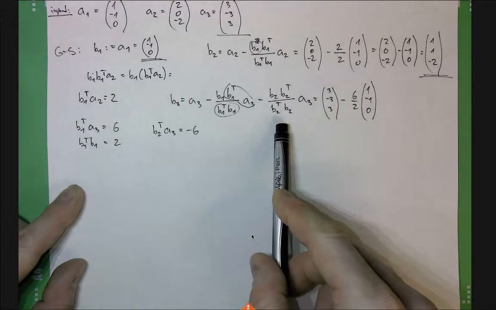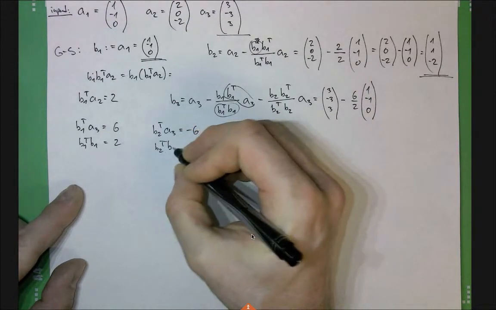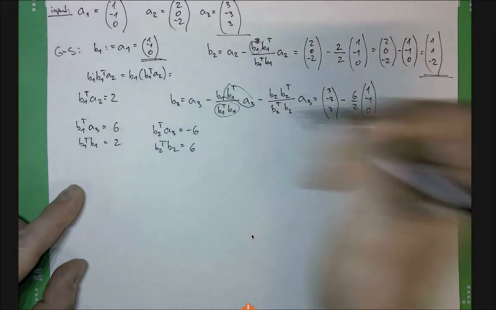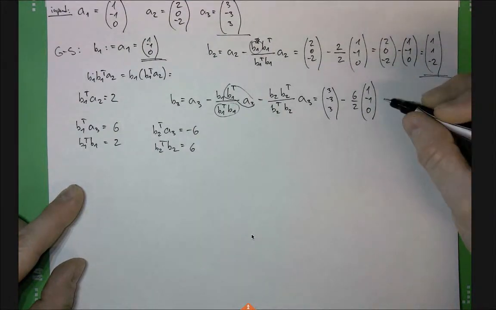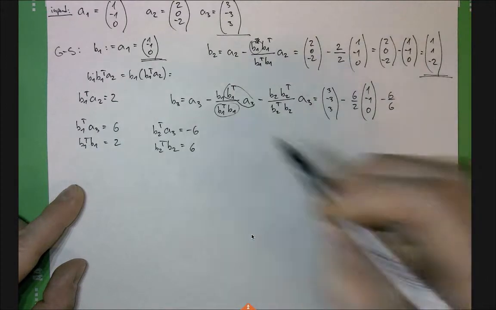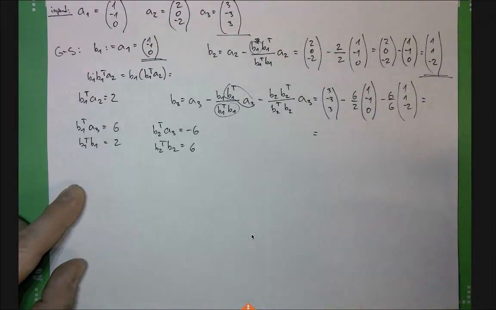And B2T B2, what is that going to be? So the square norm of B2: 1, 1, and 4. So that is also 6. That looks promising. So this is minus 6 over 6 times B2, which is 1, 1, and minus 2. And here we will see if I get it all right.